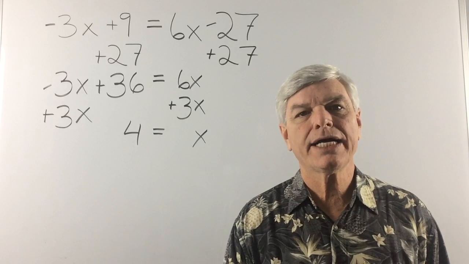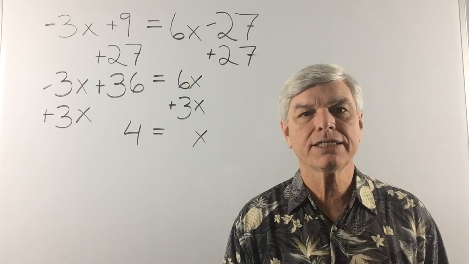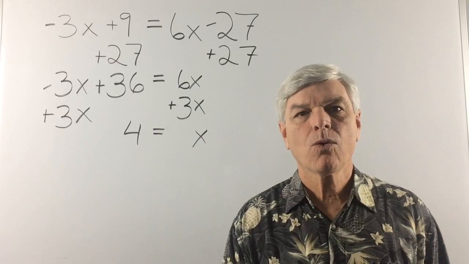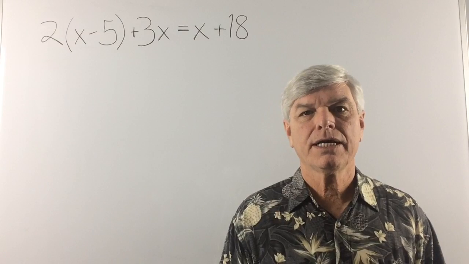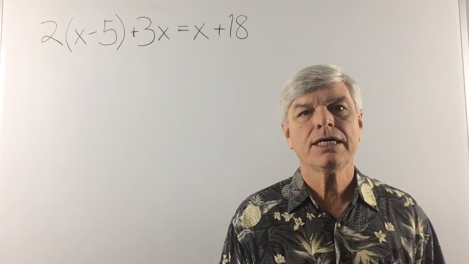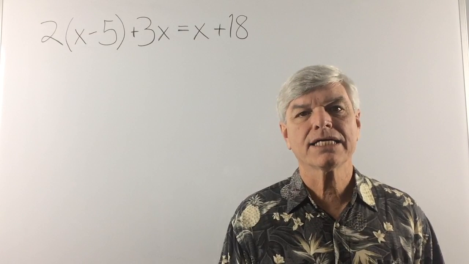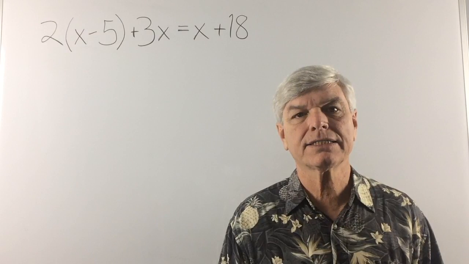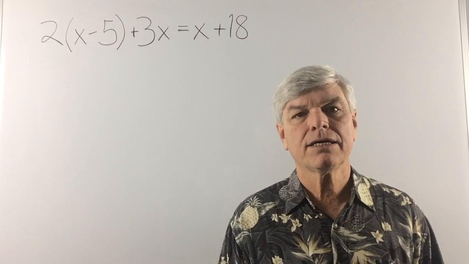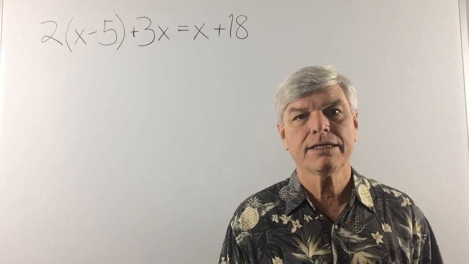Now let's try a general equation, a multi-step equation, where we're using parentheses. There we go. And we have 2 times parentheses x minus 5, close paren, plus 3x equals x plus 18.